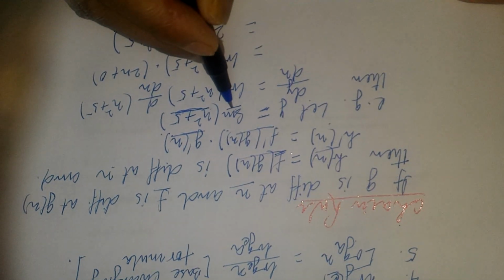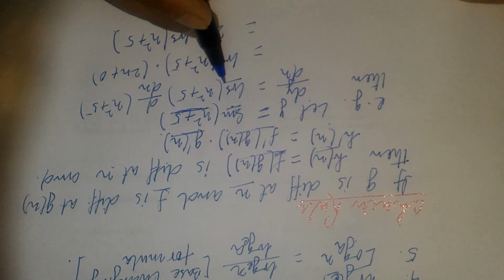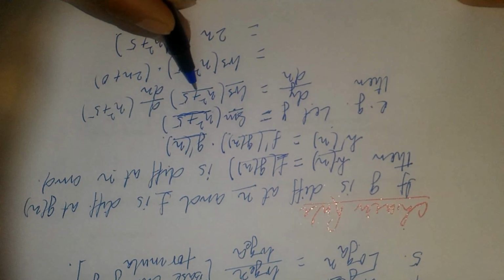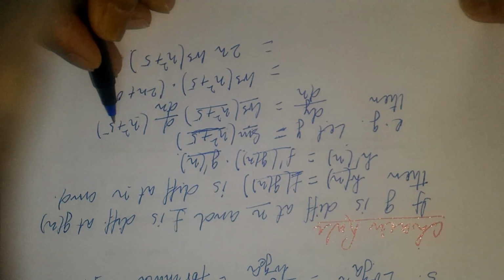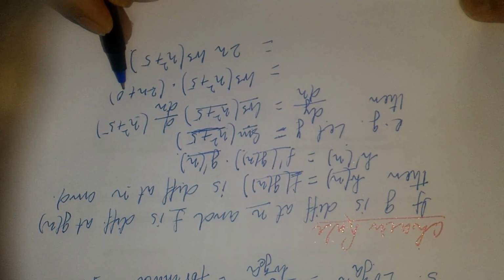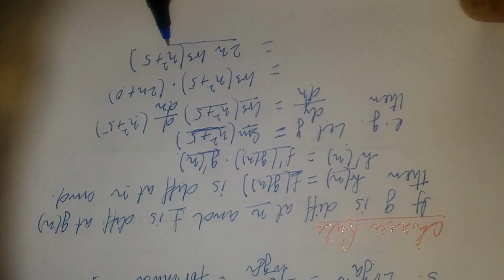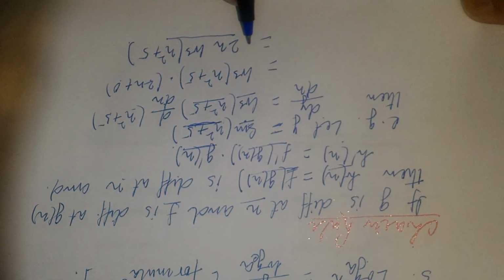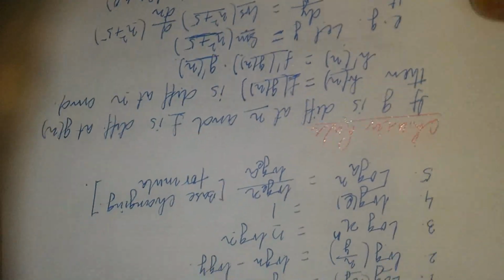So first we find the derivative of sine. The derivative of sine, we know, is cos of the function, and then the derivative of x square plus 5. The derivative of x square is 2x and of 5 is 0. So we can write this as 2x cos of x square plus 5. Now this is about the chain rule.